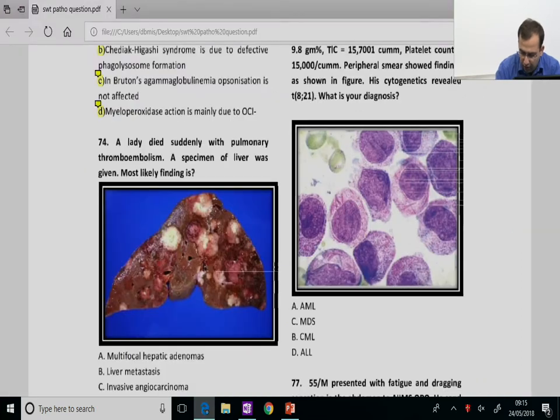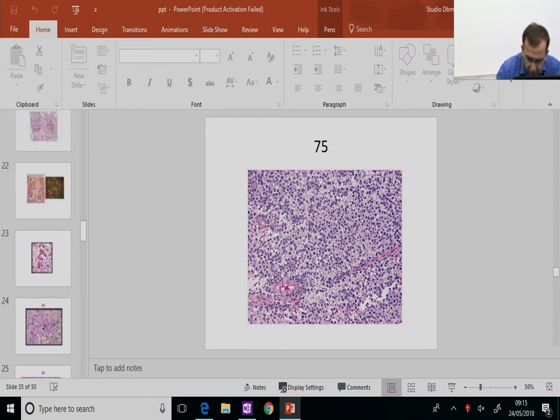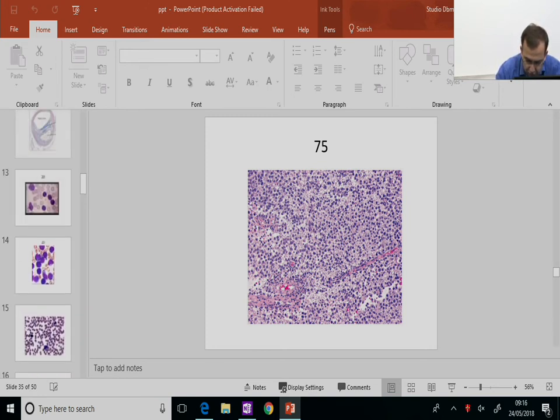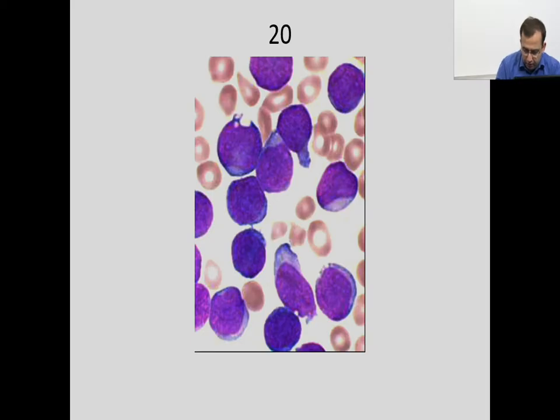We have already seen what myeloblasts look like: large cells, moderate cytoplasm, cytoplasmic granules, and we are able to make out the presence of Auer rods. Myeloblasts are differentiated from a lymphoblast, which shows large cells about 2.5 to 3 times the size of an RBC with scant cytoplasm, no granules, no nucleoli.